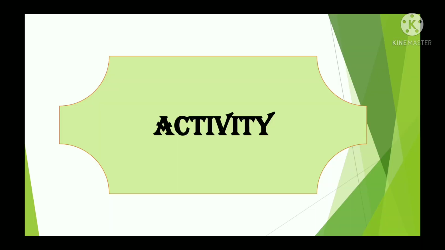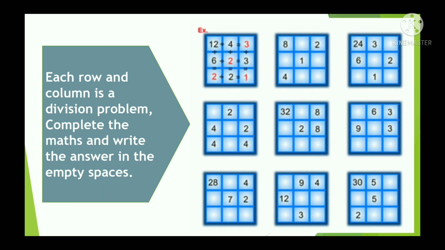Now students, here I am giving you one activity. You have to find the numbers in each square box. Each row and column is a division problem. So you have to complete the maths and write the answer in the empty spaces.